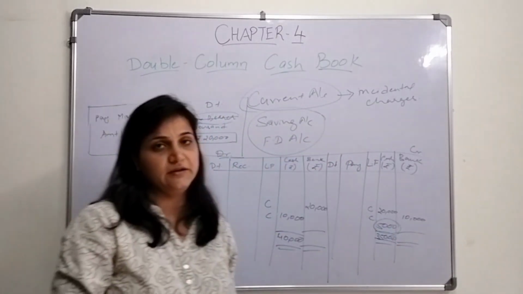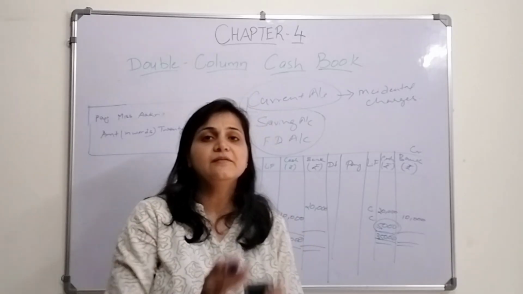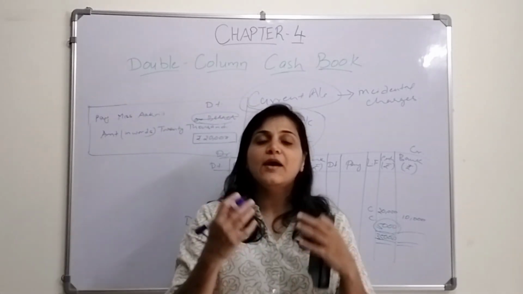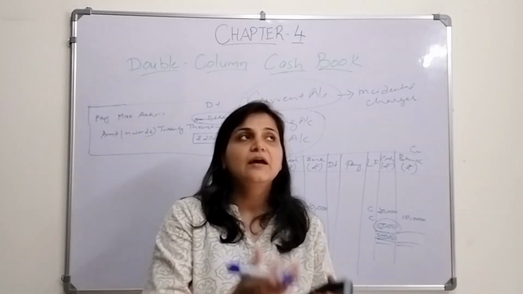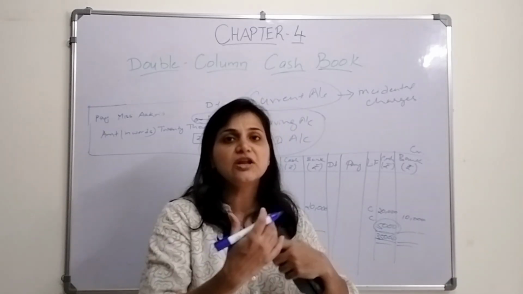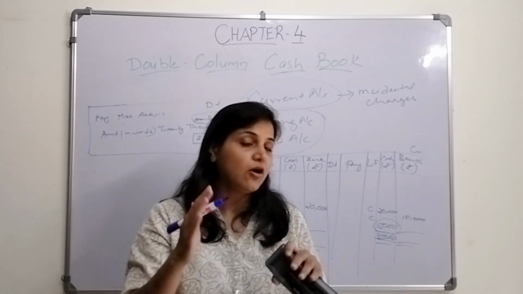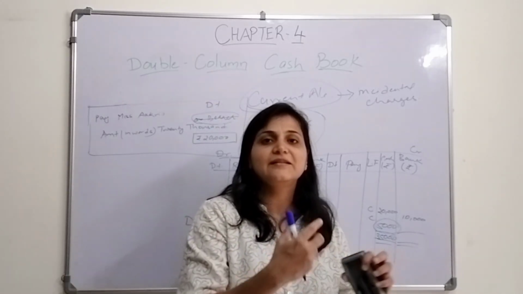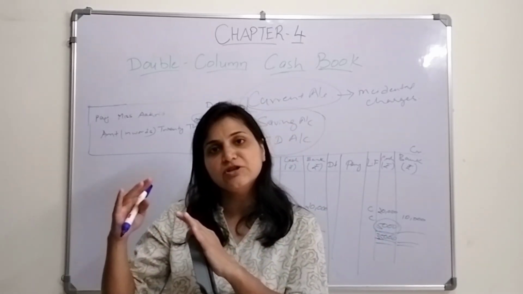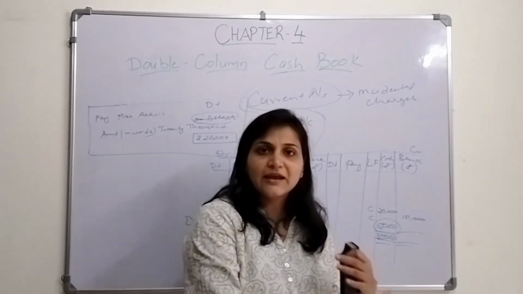But in the bank, what happens? The bank provides you an overdraft facility. Overdraft means you can take out an additional amount of money from the bank. Obviously, they are going to charge you for that. But this is the facility that is being provided, that up to that much limit, you can take out more money.